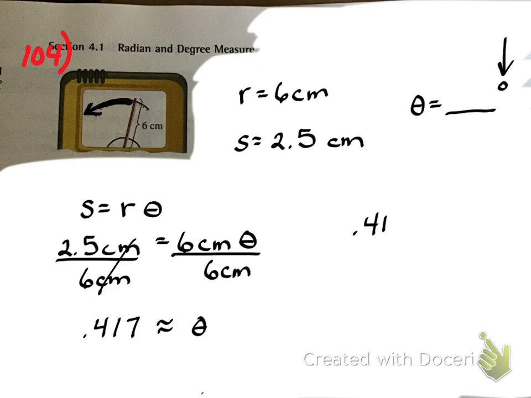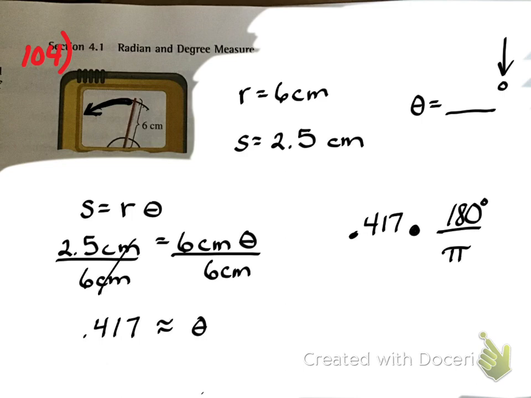So we're going to have to change this radian to degrees. So I need the pi radian to be in the denominator because I need the radians to cancel. So when I do this, I believe I will just do 0.417.